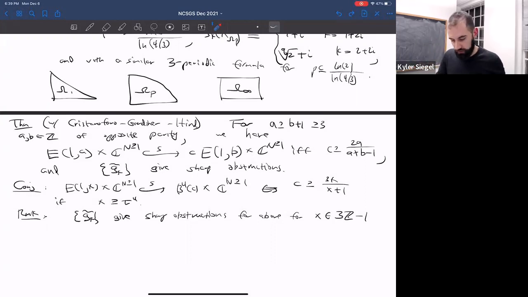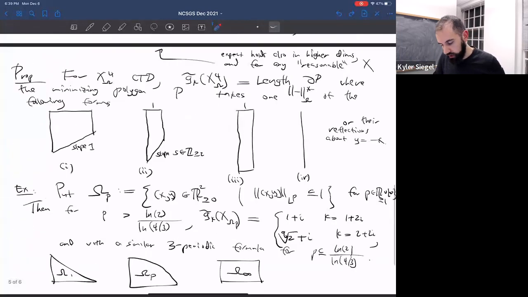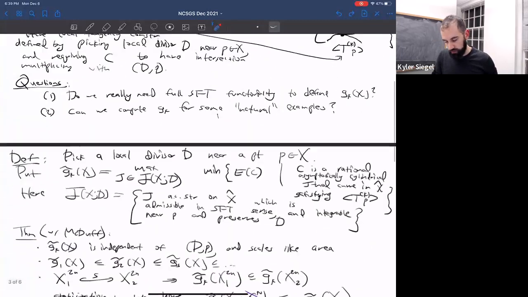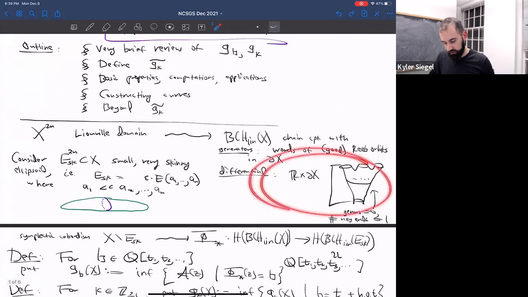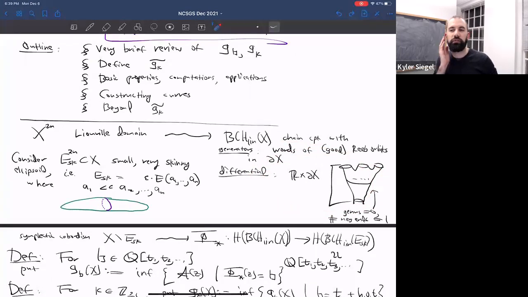I mean, the short answer is no. It depends what you mean by this kind of capacity, but specifically with this GB capacity, you definitely cannot recover the 4-dimensional obstruction, because these capacities are by design dimensionally stable.